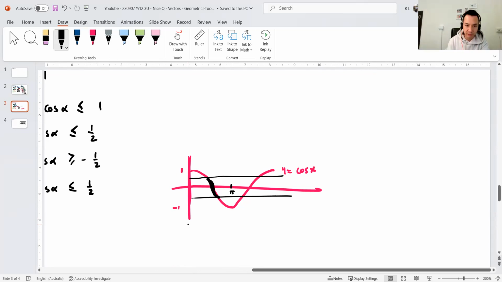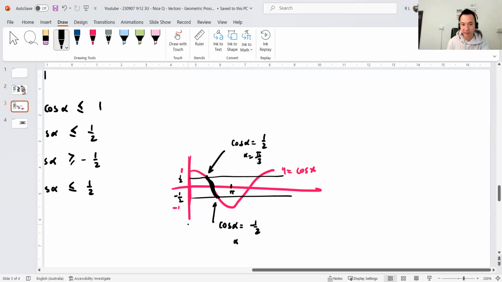So I sub in a half, and sub in negative half. For this solution here, that's when cos alpha equals a half. So alpha equals what? 60, so pi on 3. And for this one here, cos alpha equals negative a half.